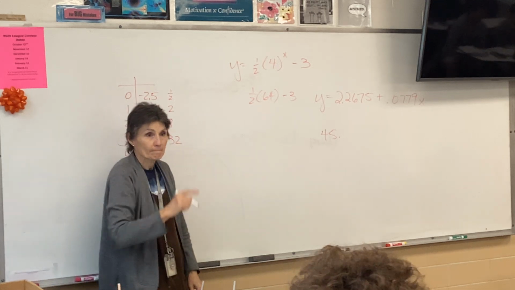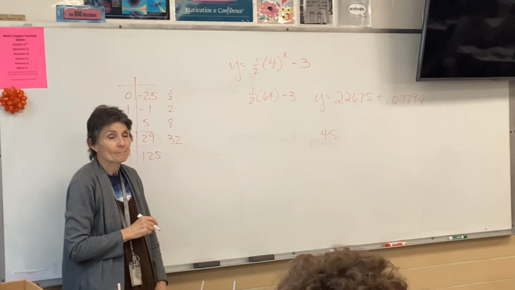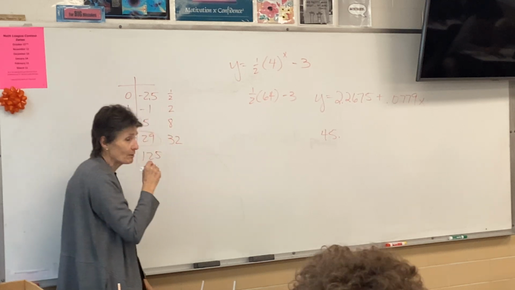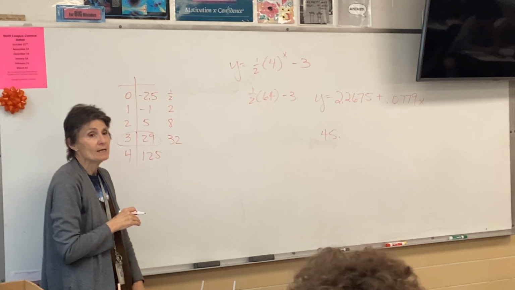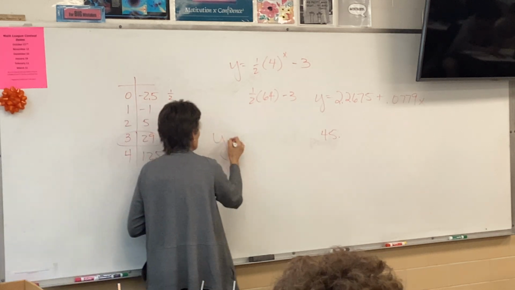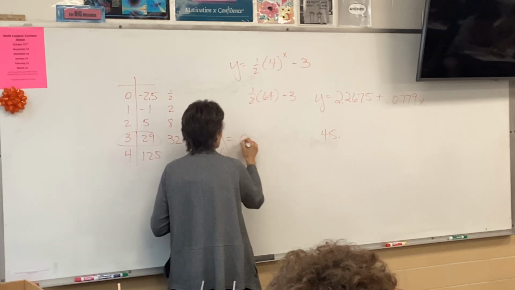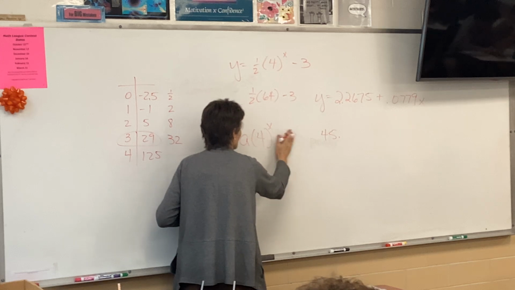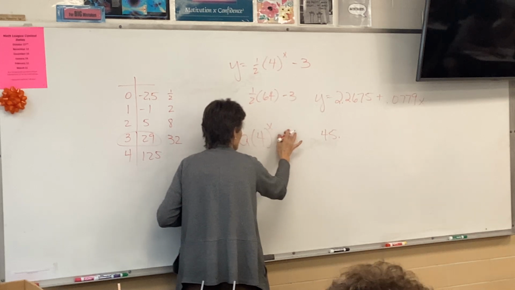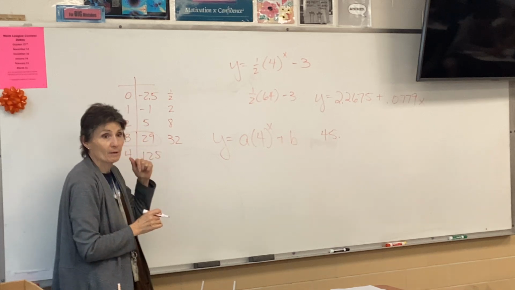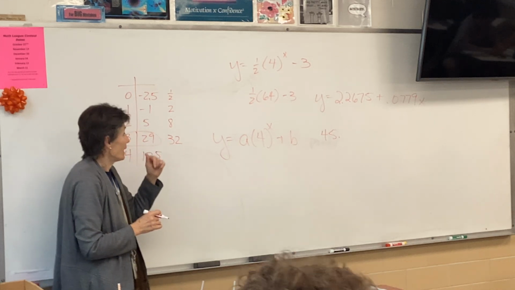Is there an easier way to find the minus 3 or the differences? I don't know, easier is a relative word, but you can set up a system of equations. We knew that was 4, you have to know that. You can take a couple of your points and plug them in.